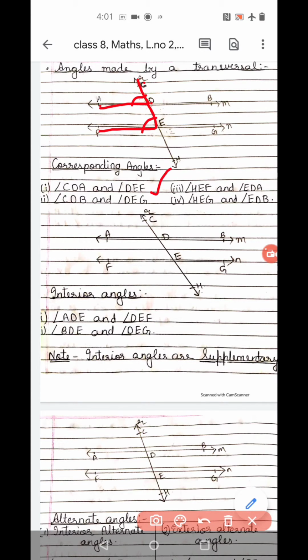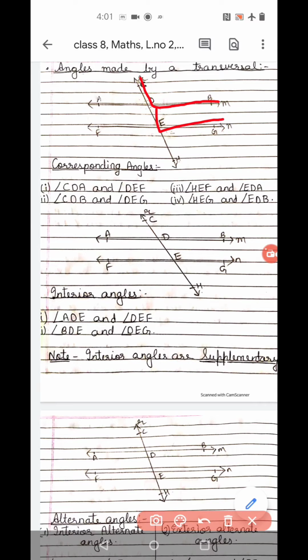Now if this figure is given to you, where two parallel lines and one transversal are there, we make a total of 4 pairs of corresponding angles. On one side of the transversal we make 2 pairs and on the other side of the transversal we make 2 pairs. This is just one pair which I have shown. The other pair is angle CDB and angle DEG.